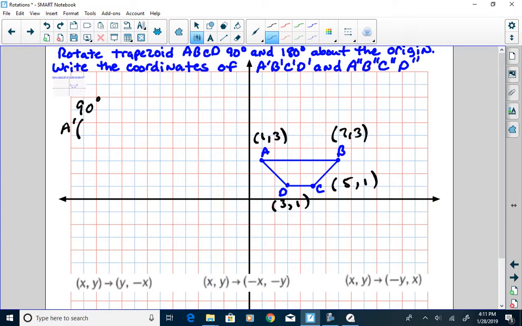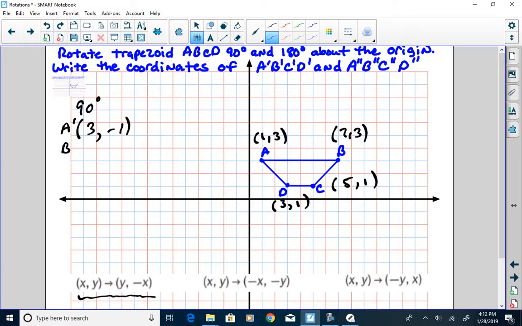Right, so we're going to use those original locations and our rules to generate our coordinates for our images. So for the 90 degree clockwise rotation, we're going to use the following rule. That's our 90 degree rotation rule. So I need y followed by opposite x. If I take a look at point A, my y value is 3, followed by the opposite of x. The opposite of 1 would be negative 1.